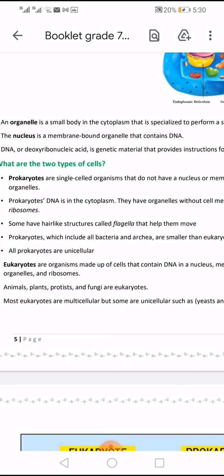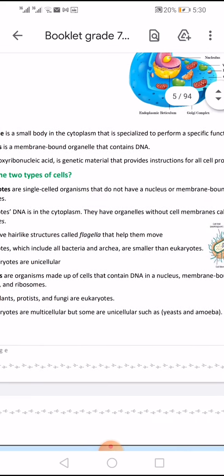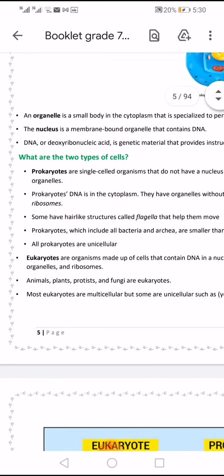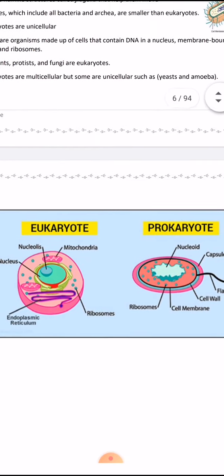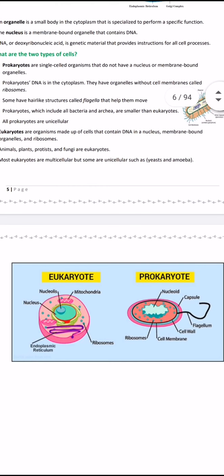The DNA of a eukaryote is present in the nucleus, while in a prokaryote it is present in the cytoplasm. Look, this is the difference between prokaryote and eukaryote.